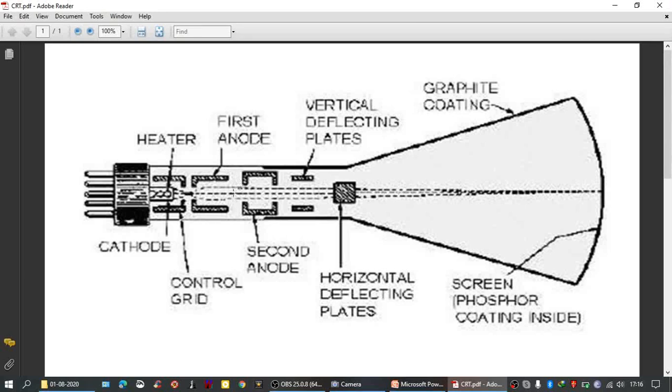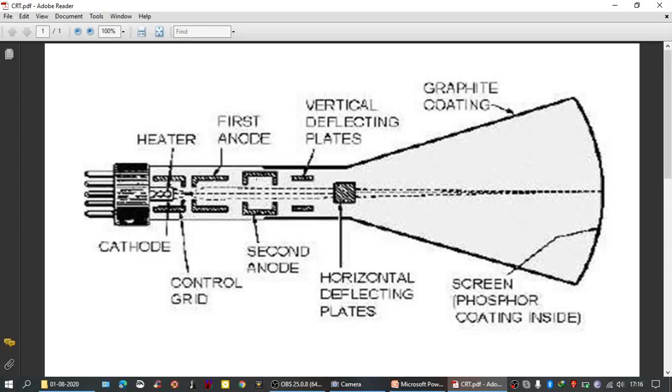That is achieved by the formation of a double concave lens type of arrangement, with the combination of first anode, focusing anode, and second anode.